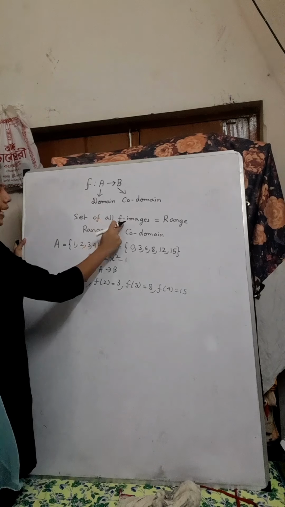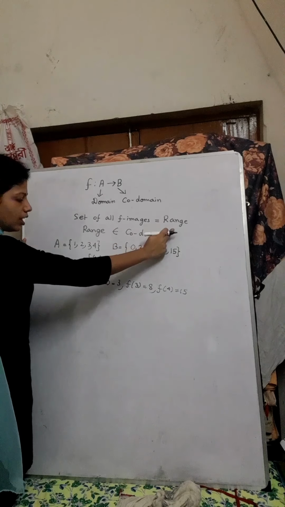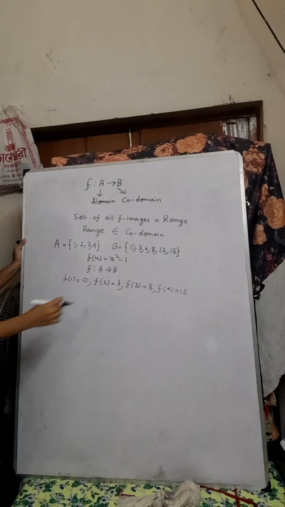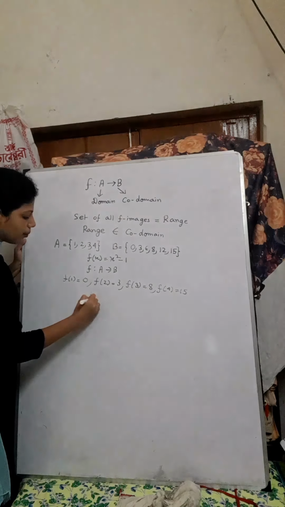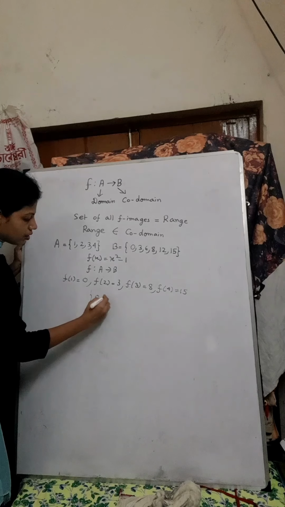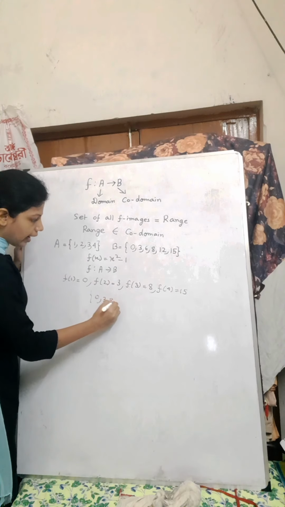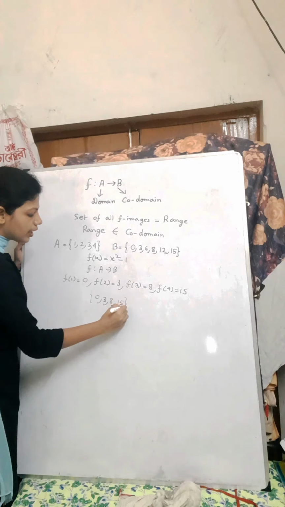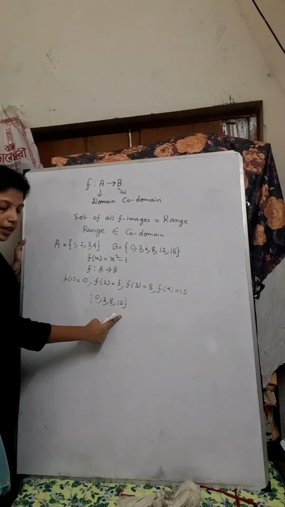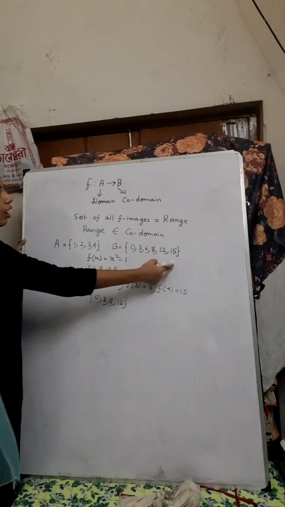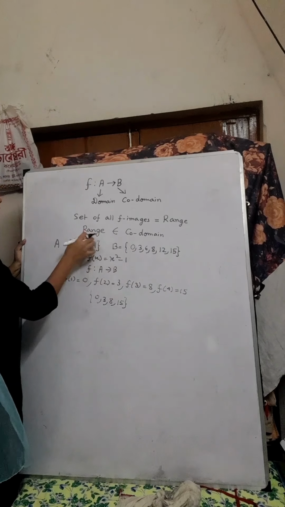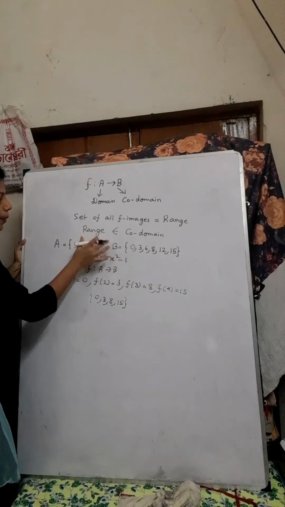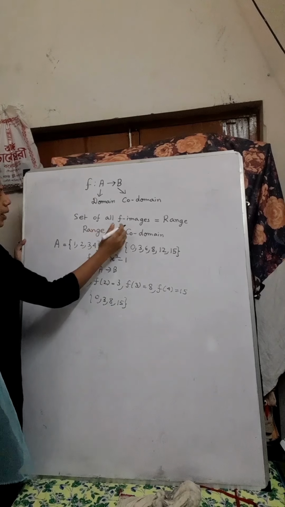Set of all f images is range. So if I write down all of these images in one set, that will be 0, 3, 8, 15. Now here it is the range, but codomain means the whole set B. So here it is observed that the range is a part, sorry, it will be a subset.